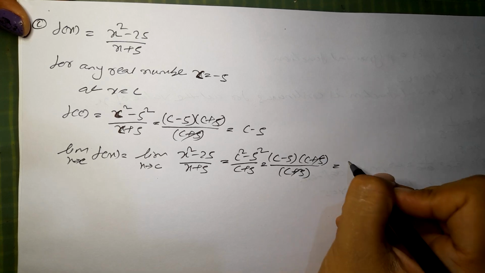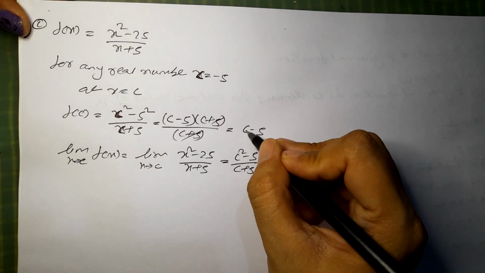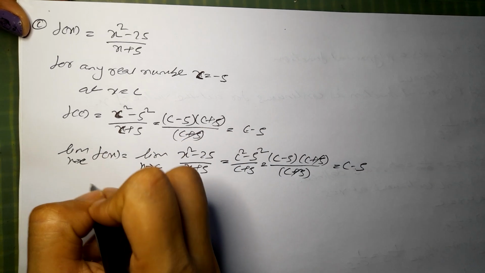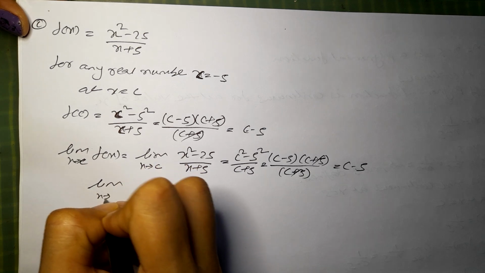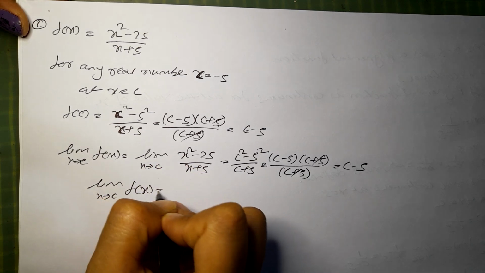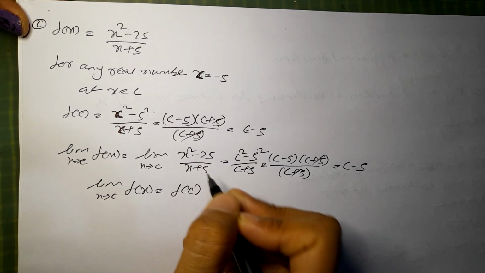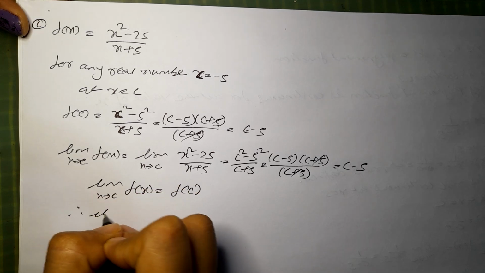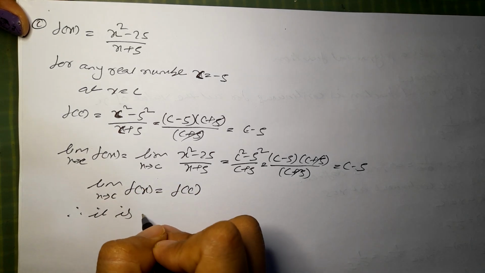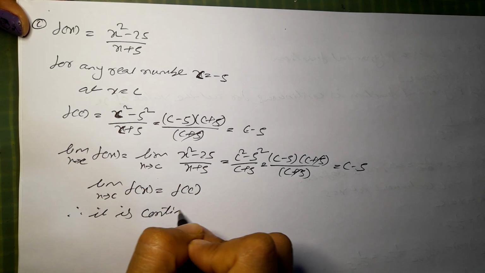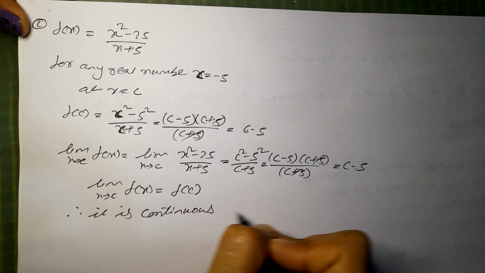So it will give c minus 5. So these two are equal. The limit as x tends to c of f of x is equal to f of c. Therefore it is a continuous function.